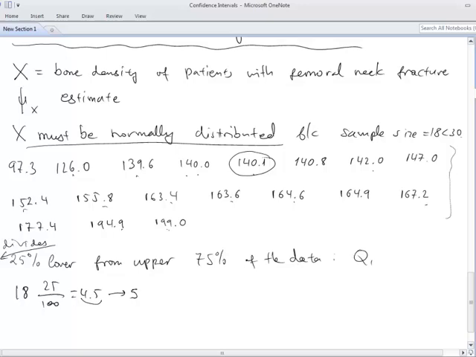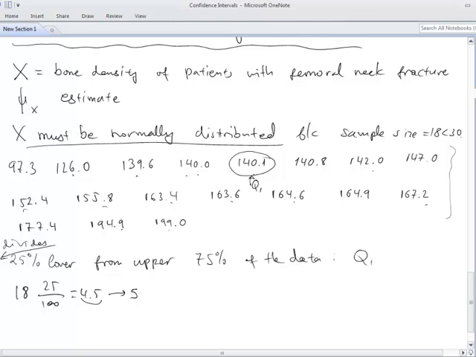So you have 13 numbers that are higher than that, and essentially if you divide 13 by 18, it's practically 72%. So indeed this number divides the lower 25% of the data from the upper 75% of the data. So I designate this number as the first quartile.